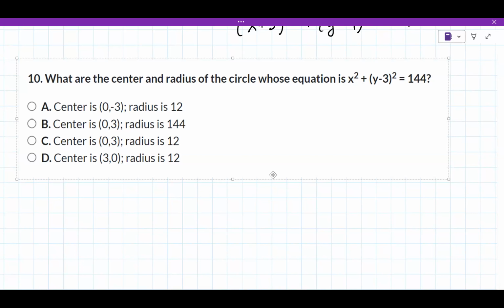It's a circle, obviously, because it says so in the equation. Now I just need to figure out what the center is. Now I'm actually struggling with this one. Can you at least figure out the center? That would be a good place to start, because that could eliminate some answers.